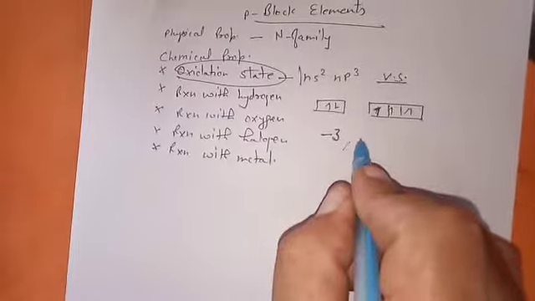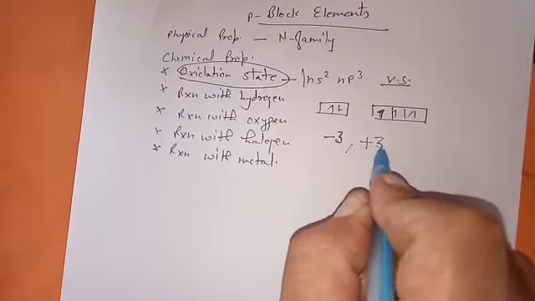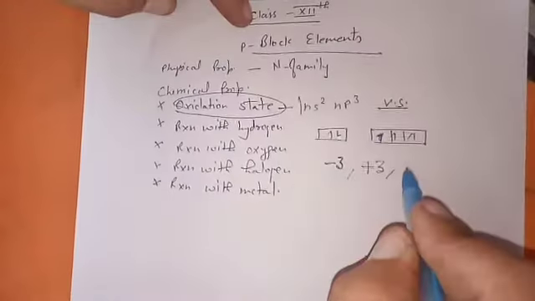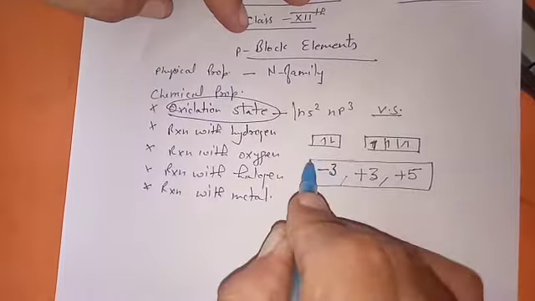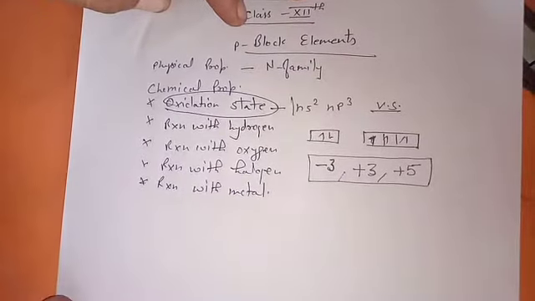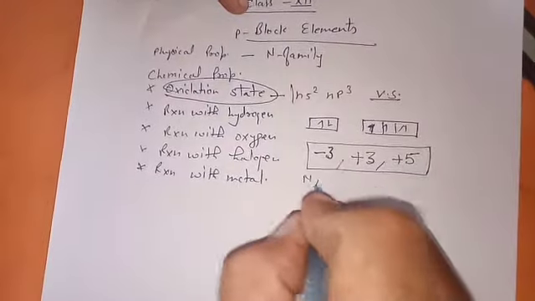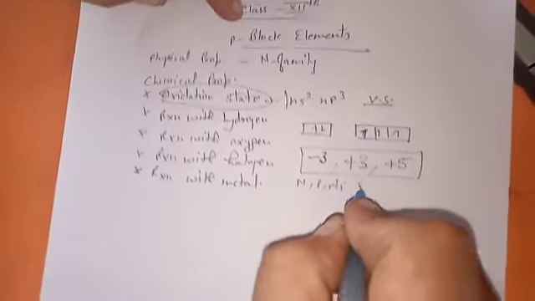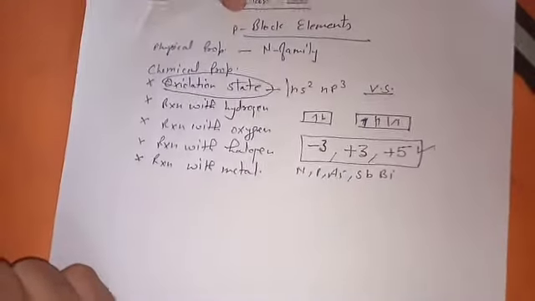They will lose all these 3, so that will show +3, and these 2 electrons as well, so +5. These are the most common oxidation states shown by the nitrogen family. The whole nitrogen family shows these common oxidation states, that is -3, +3, +5.